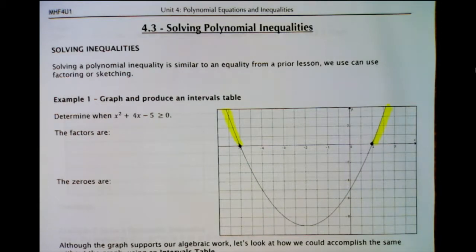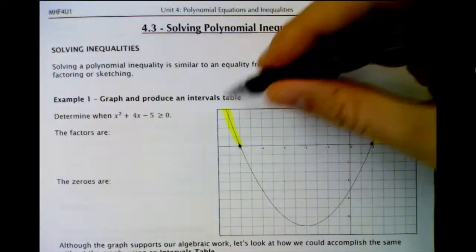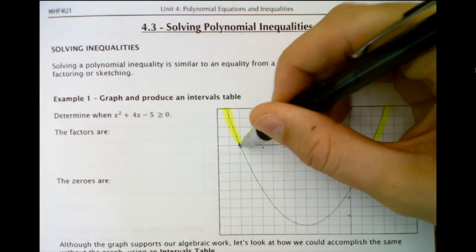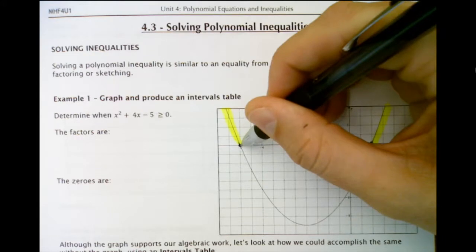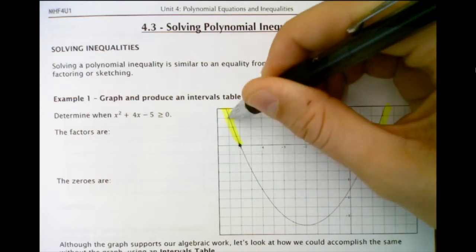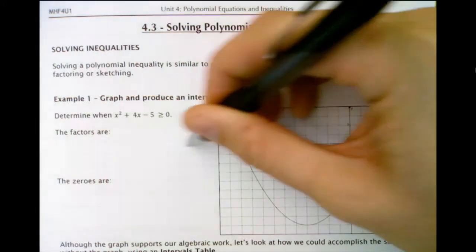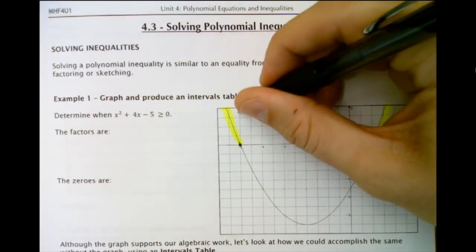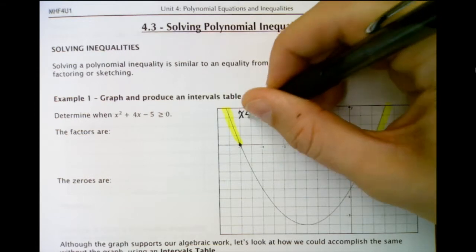And the question is, how do you express those two branches as an answer? Well, this branch of the parabola takes place when x is less than negative 5. So negative 5 is 0, negative 6 is greater than 0, negative 7, and so on would continue to be greater than 0. So this branch can be represented by when x is less than or equal to negative 5.